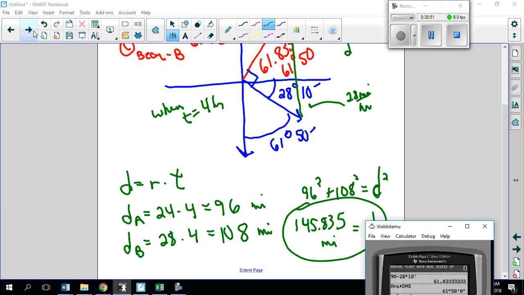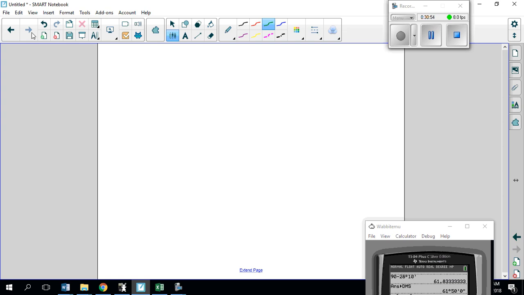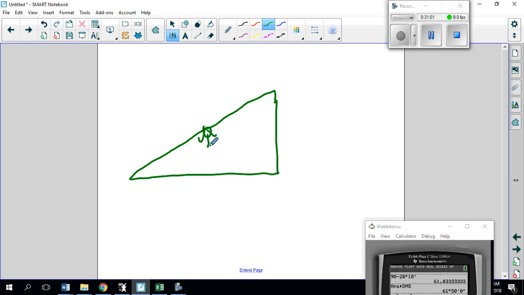I'm going to do another one just for kicks. This is a really common problem. So you've got a 6 foot tall person, woman, excuse me, I'm like the world's greatest artist here. She's 6 foot tall, and there's a light post, and this has a certain height, and there's a certain angle from the top of her head to the top of the post, and we happen to know it's 24 degrees.